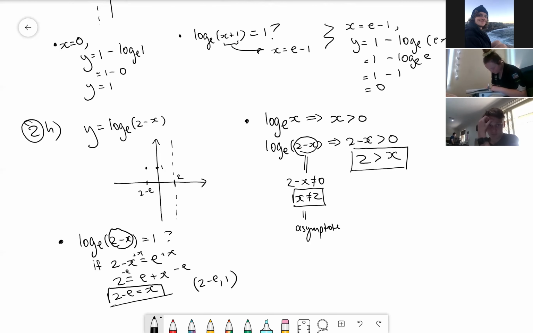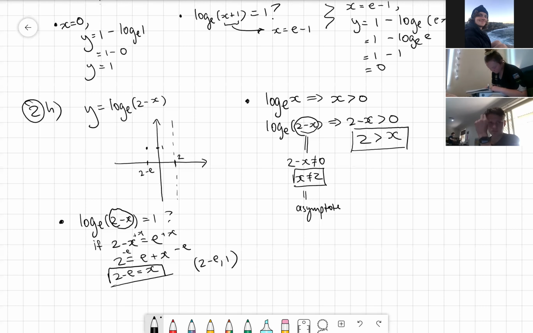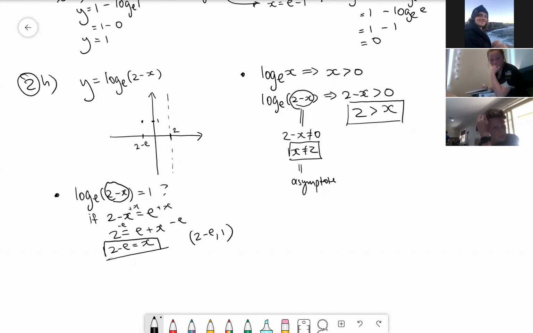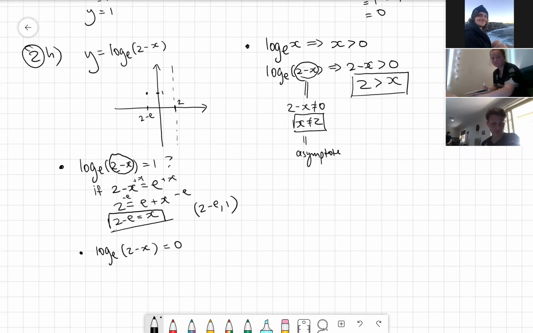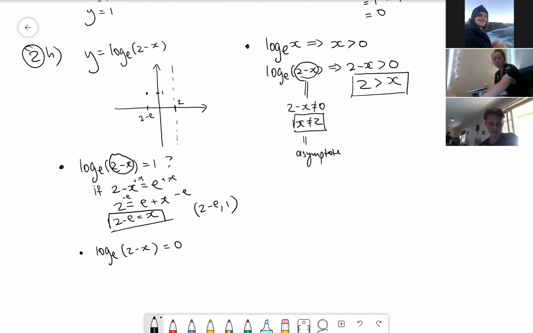What other points could we look at? Why don't we try and find the x-intercept? Equals 0. So when will this equal to 0? If the 2 take x is equal to 1. Yeah, perfect. Which means we'll get it when x is equal to 1.